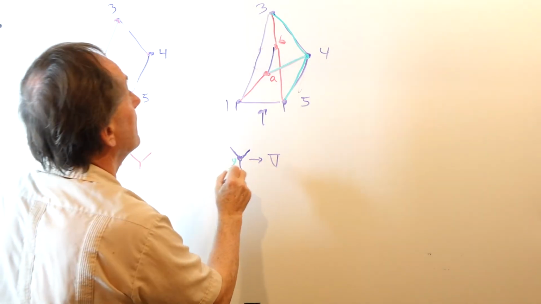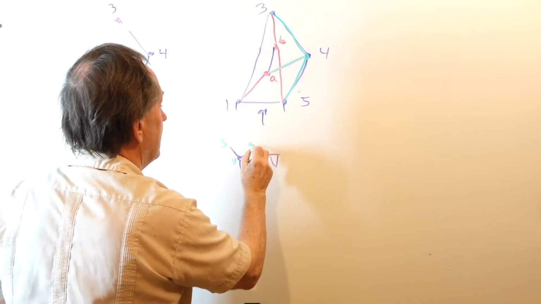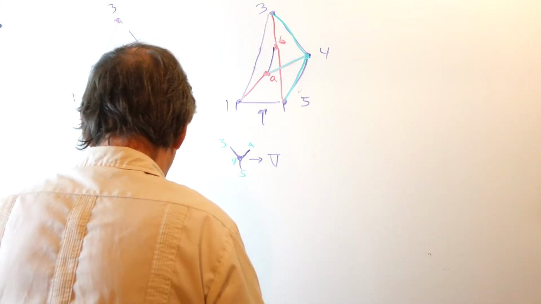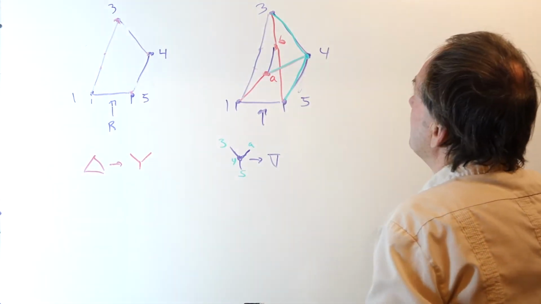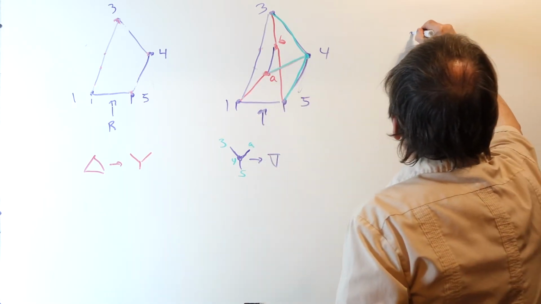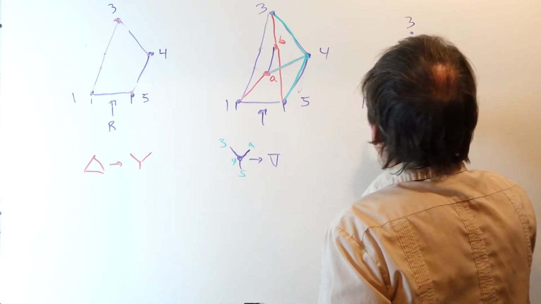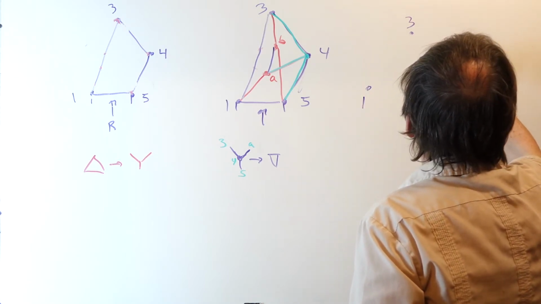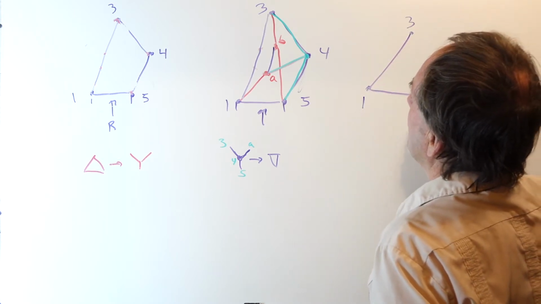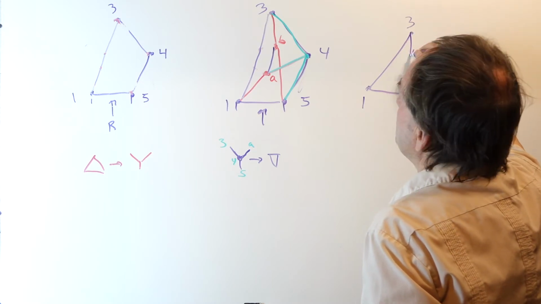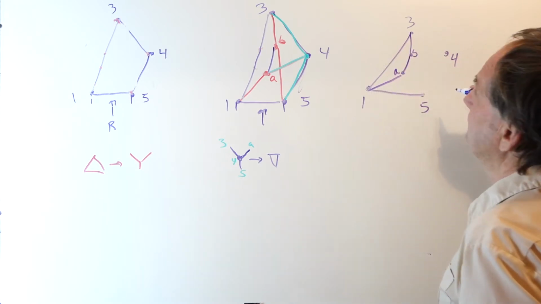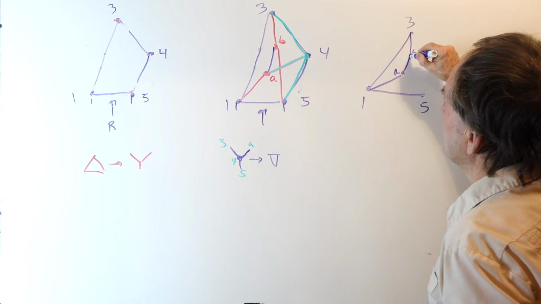This is node 4, this is 3, this is A, and this is 5, and we're going to convert it into a delta. Now, I'm going to redraw this here. We've got node 3, node 1, node 5, node 4. So we have 3 to 1, 1 to 5, 3 to B, B to A to 1, and B to 5.